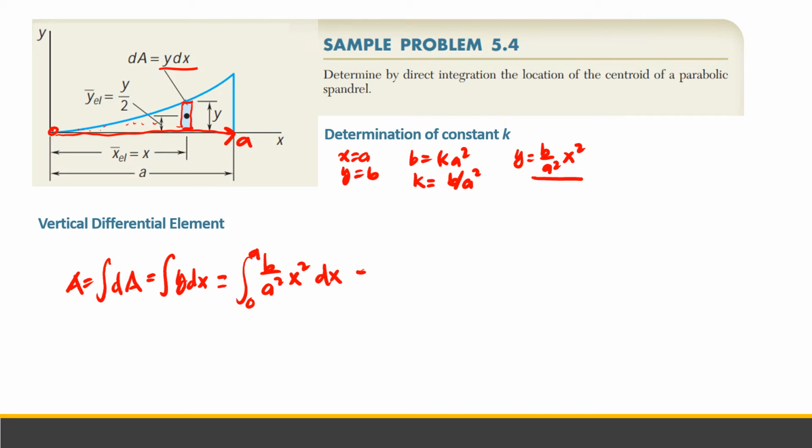Okay, so this equals to b over a squared. So integral of x squared dx is x cubed. So magiging 2 plus 1 over 2 plus 1. So that is x cubed over 3, from 0 to a. So substitute yung value from 0 to a.